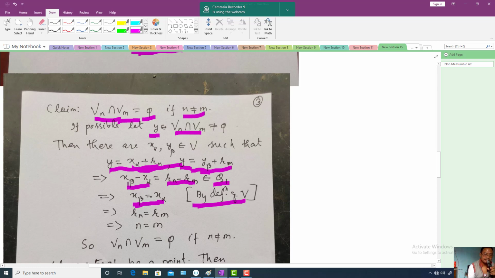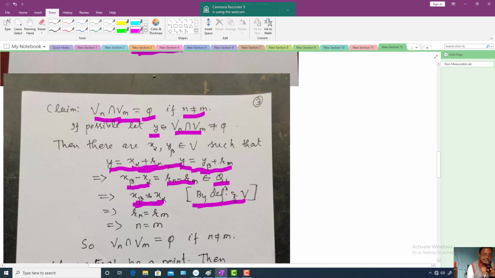So a member coming from E alpha cannot be related to a member coming from E beta. The only possibility is that they must be coming from the same set. If they are coming from the same set E alpha, then x alpha must be equal to x beta, by definition of B.